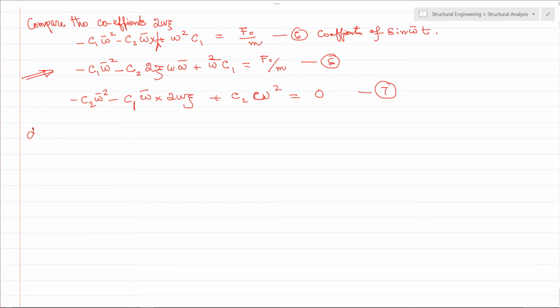We can divide equation number 6 by omega square.